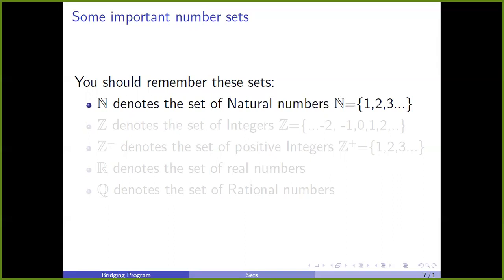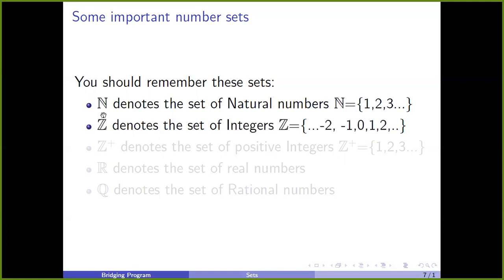You use this special looking N. When you're writing it on a piece of paper, you just write capital N. But if you are typing it in a word editor, then you have this special looking N sign to denote the set of natural numbers.